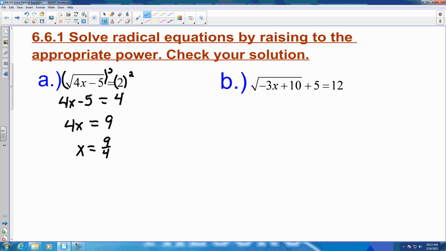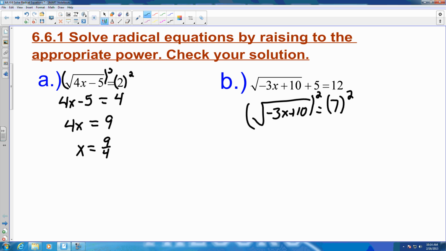In example B, I don't have my square root isolated yet. I have a plus 5 on the left-hand side of my equal sign. So I'm going to subtract 5 from both sides, which leaves me with the square root of negative 3x plus 10 equals 7. Now, since it's isolated, now I can square it.